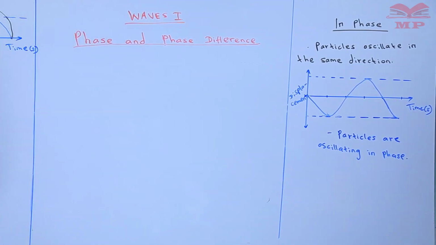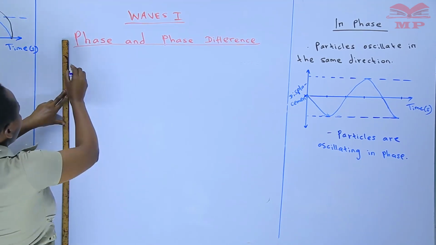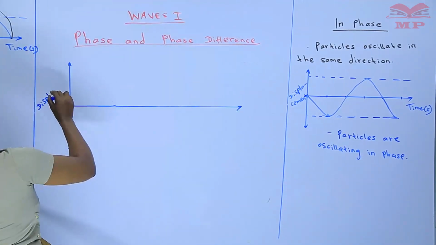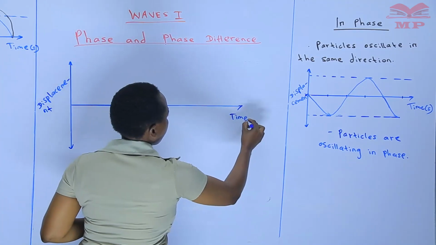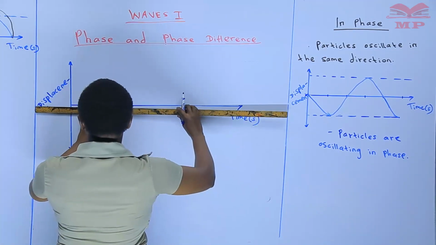And we can also say that it is also in phase. The wave is in phase, so we have this. So displacement against time. We have our wave as follows.